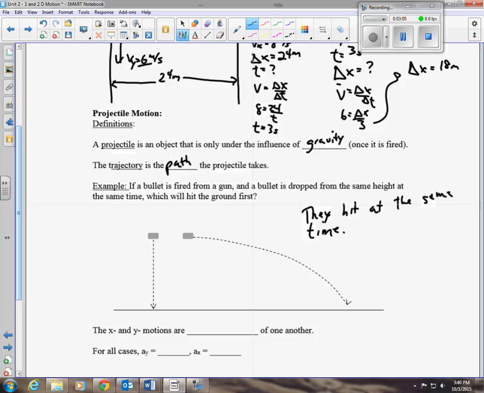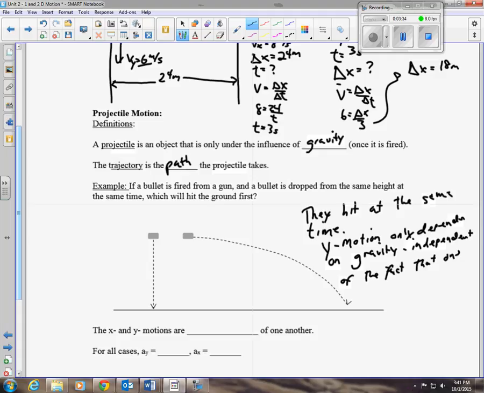The y motion only depends, in this case, on gravity, independent of the fact that one bullet is moving in the x direction.